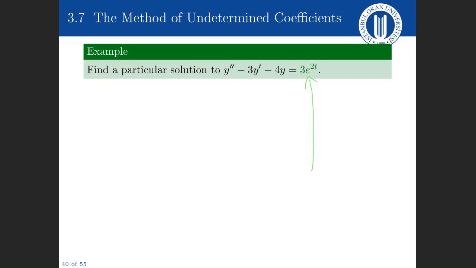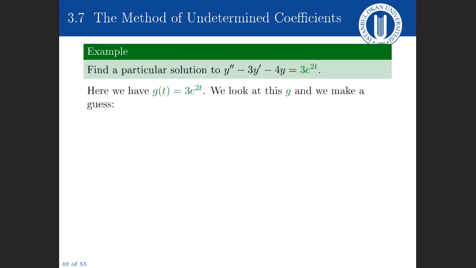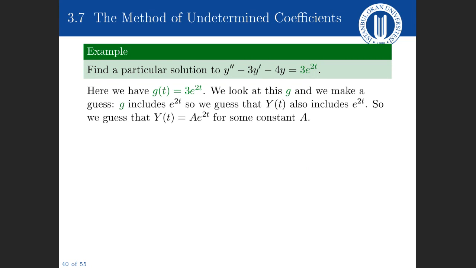And we're going to make a guess. We're going to guess that our particular solution is of the same form. We're going to guess that the particular solution is also a number multiplied by e to the power 2t. So the guess we're going to do is we're going to guess that the particular solution is some constant capital A multiplied by e to the power 2t.